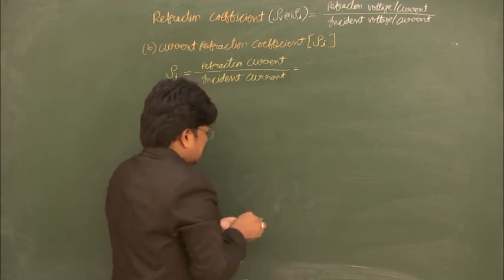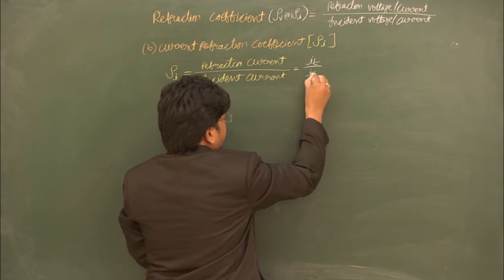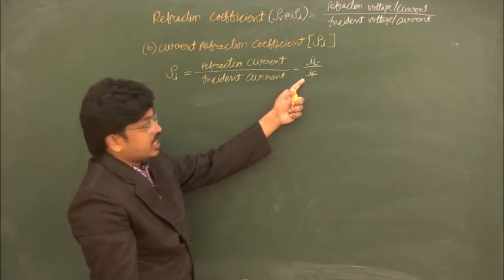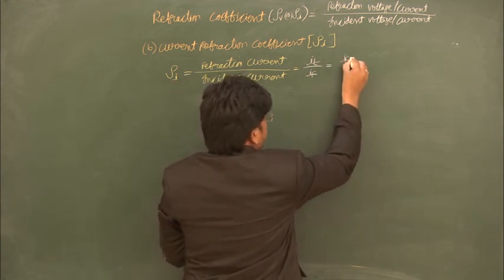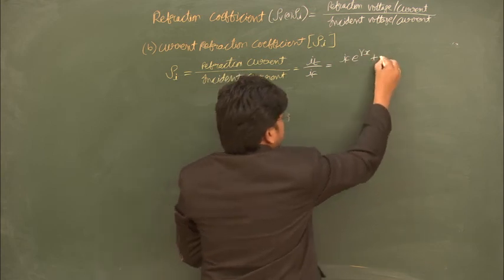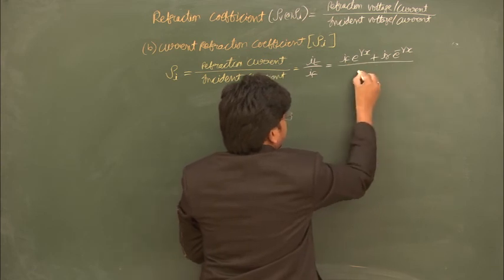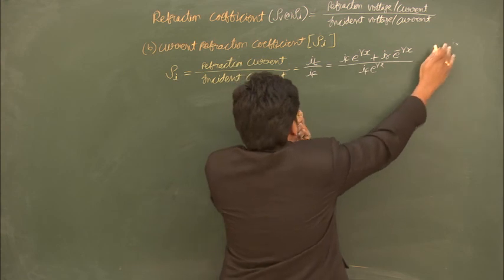That is, rho I is the ratio of IT by IF, transmitted current by incident current IF. Now substitute the value of IT, that is IF into e power gamma x plus IR into e power minus gamma x, divided by the incident current IF into e power gamma x.